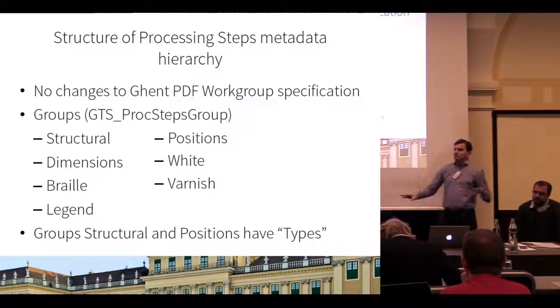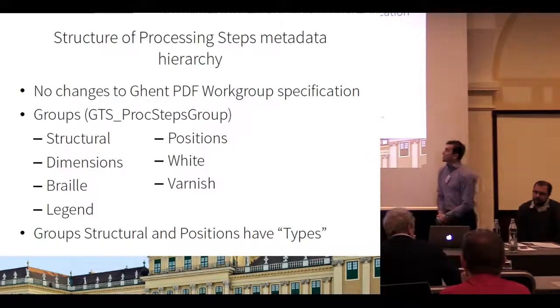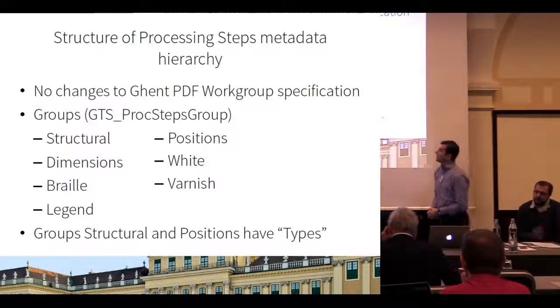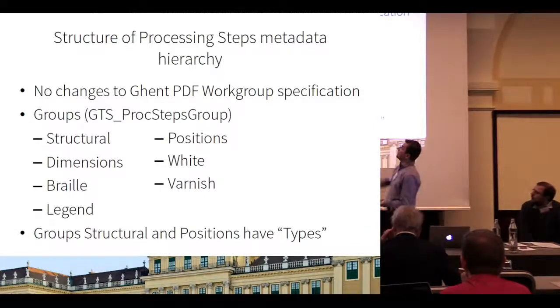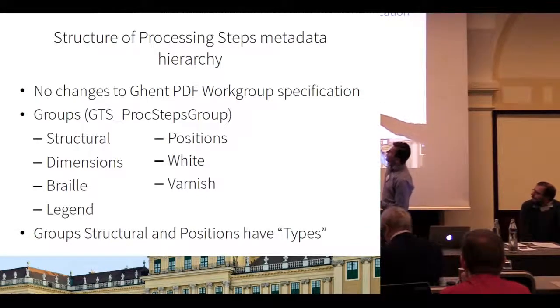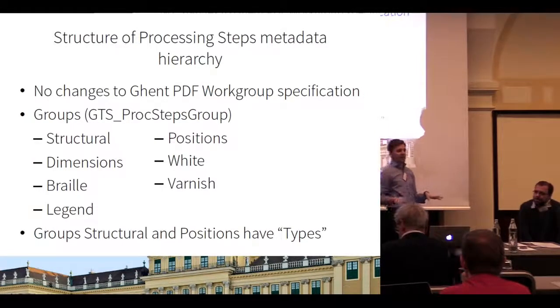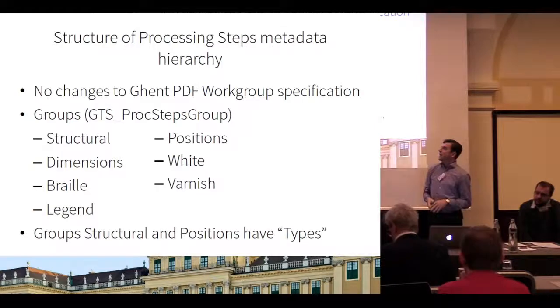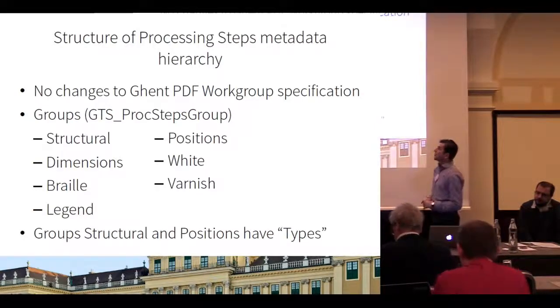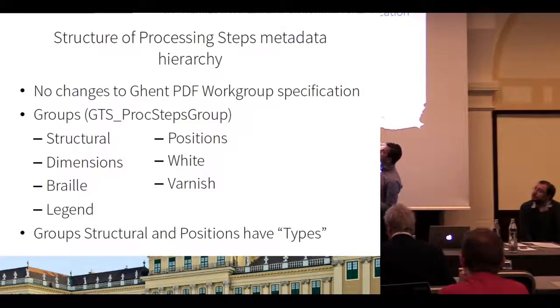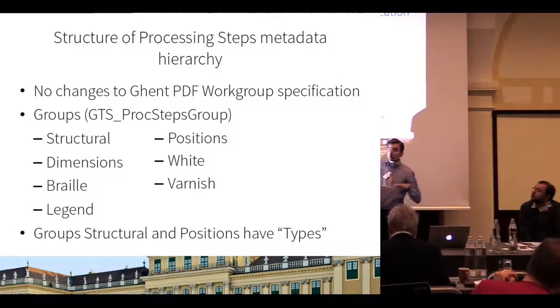Now what actually is in the standard, and this applies to both the Ghent PDF workgroup specification as well as to ISO. There are no changes here. I've talked about metadata. I said we have in the processing steps PDF file layers, and each layer has standardized metadata, and that metadata means I have 7 different groups.